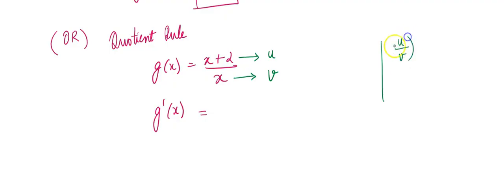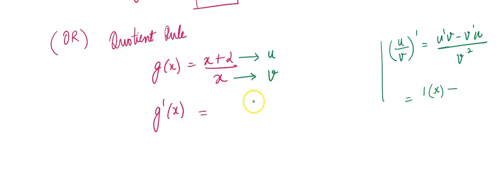U over v derivative would be u prime v minus v prime u all over v squared. So u prime is 1 times x, which is our v, minus v prime, that also is 1 times u, x plus 2, all over v squared, which is x squared.